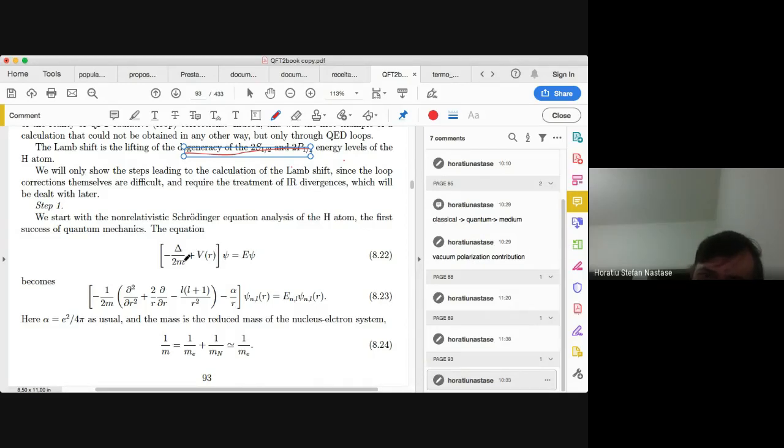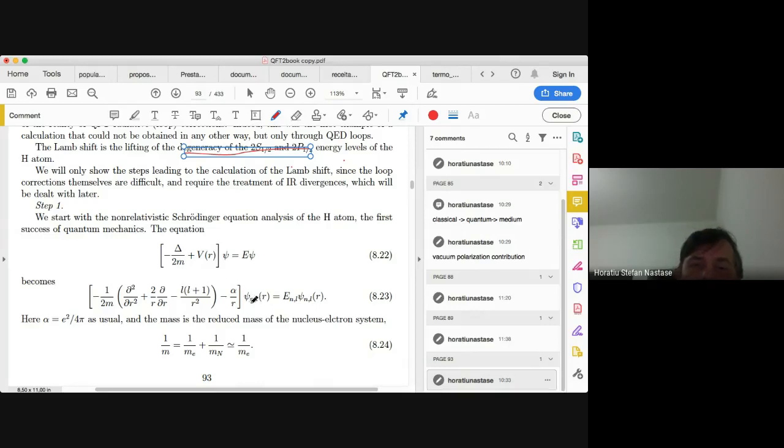And then you expand the Laplacian and you separate variables into a radial wave function and some Y_lm, the eigenfunctions of the angular part of the Laplacian, which give the energy L plus 1.